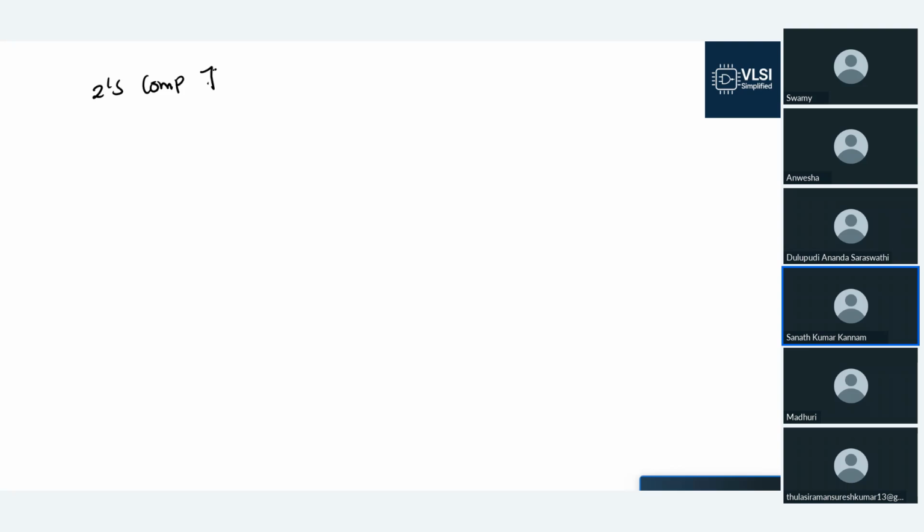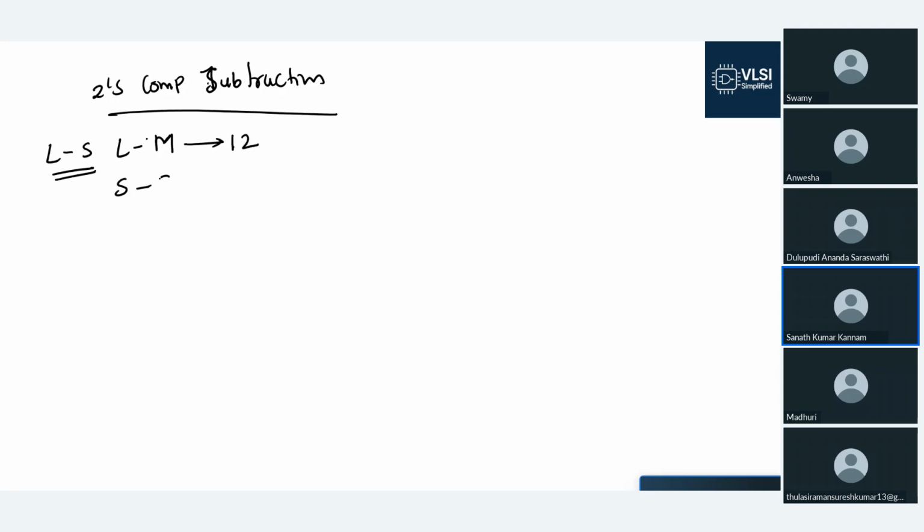First, L minus S. That is the minuend, the larger value 12, and the smaller value is the subtrahend, which is 3. 12 minus 3 is 9. So 12 is 1100 and 3 is 0011.